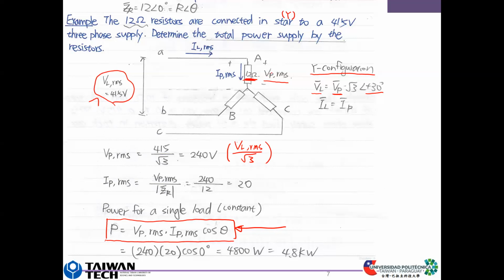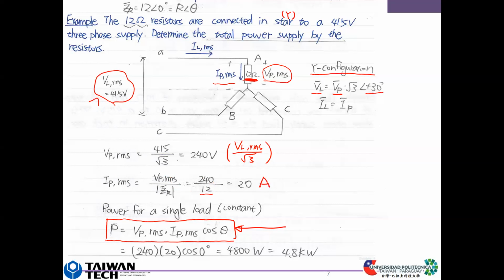Since we have calculated the phase voltage and we know the resistance, we can calculate the phase current by using Ohm's law. By Ohm's law, the phase current in RMS equals the phase voltage in RMS divided by the amplitude of the impedance. In this case, it's a real number because it's just a resistor, so it's 12. So 240 divided by 12 is 20 amp.